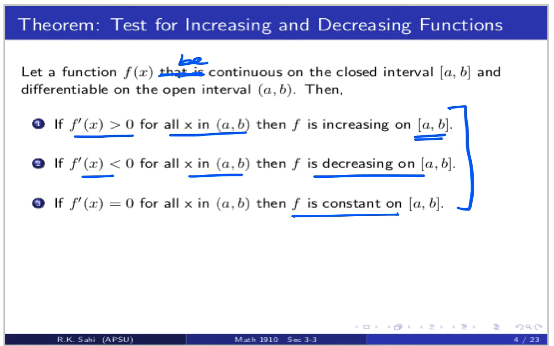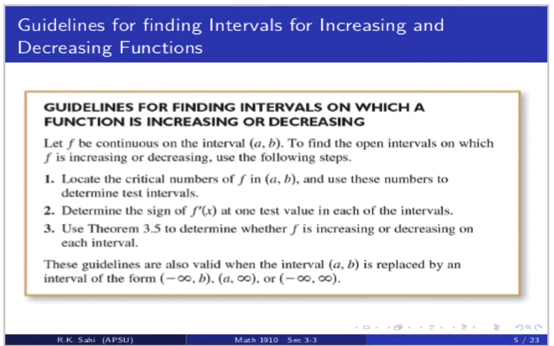Let's look at some guidelines for finding intervals for increasing and decreasing functions. If f is continuous on an open interval a to b, we would like to find open intervals on which the function is increasing or decreasing. The steps are: first, find the critical numbers of the function. Then use these numbers to determine the test intervals.